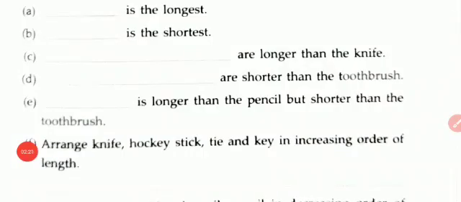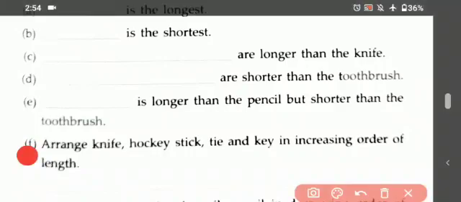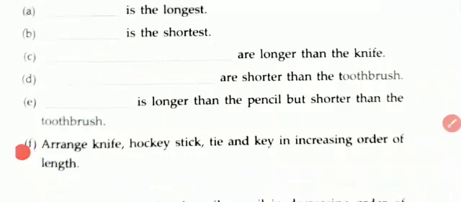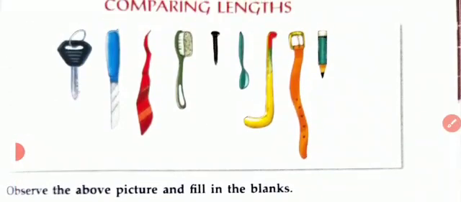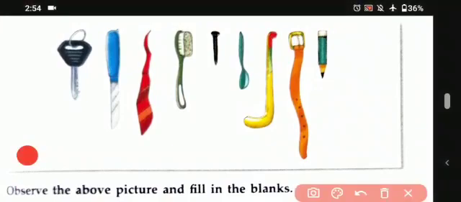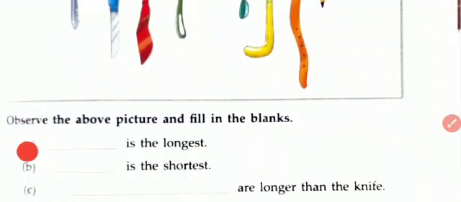So now students, we have to find D, that is, dash are shorter than the toothbrush. We have to find out the objects which are shorter than the toothbrush. Here we can see the toothbrush, and we have to find the ones shorter than it. There is a key, a spoon, a pencil and a nail. These are the things which are shorter than the toothbrush.